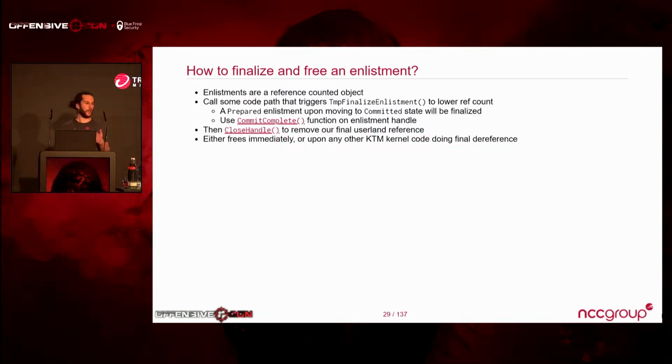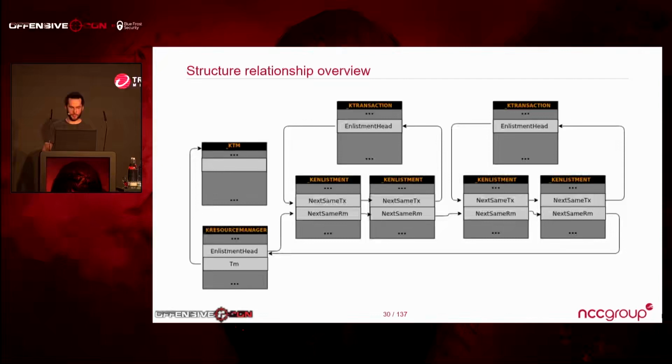So from userland, we can call commit complete to trigger the finalization of an enlistment. And if there is no reference on the actual object, which means we need to close the handle we got in the first place from creating the enlistment, then the enlistment will be freed. If there are other references in the kernel, once these references are gone, the enlistment is freed.